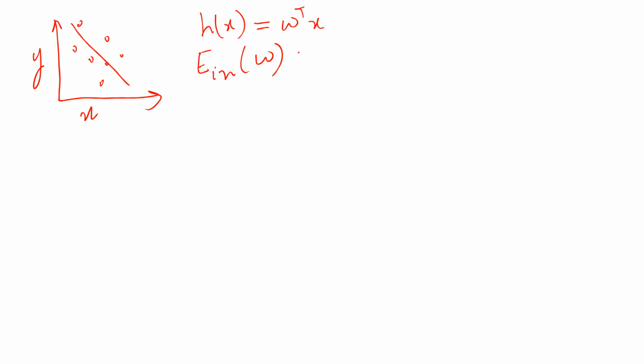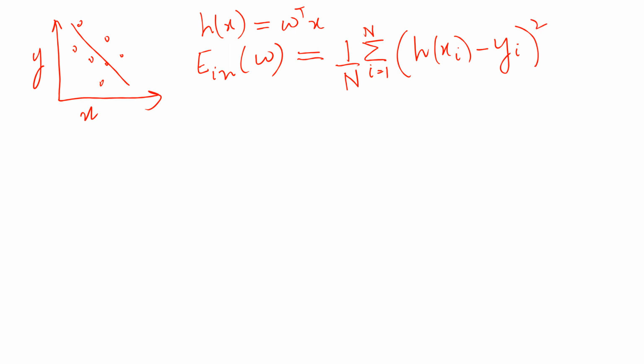So now I'm representing it for this problem, E_in of w, which will now be defined as, let me just write that again here, the average over i from 1 to n of h of x_i, for every i, obviously, minus y_i, squared. This is what this means in terms of the picture that we're looking at on the left.